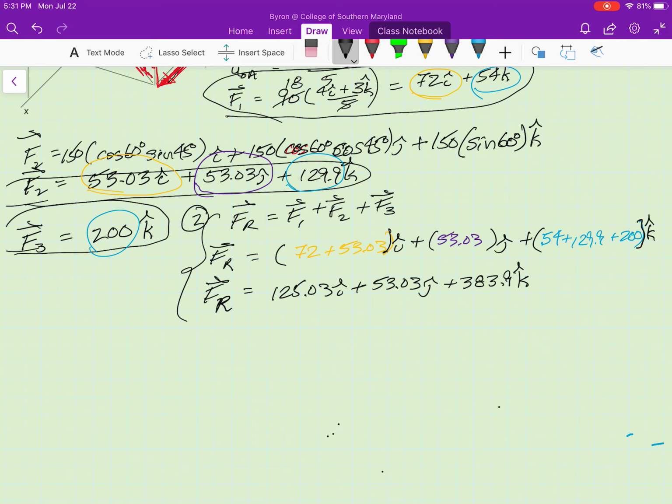So we will go on to step 3. The magnitude of F sub r is given by the square root of the sum of the squares of the i, j, and k components.